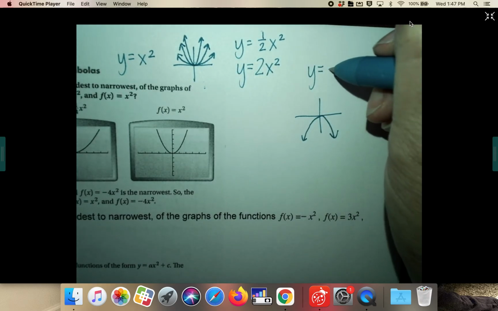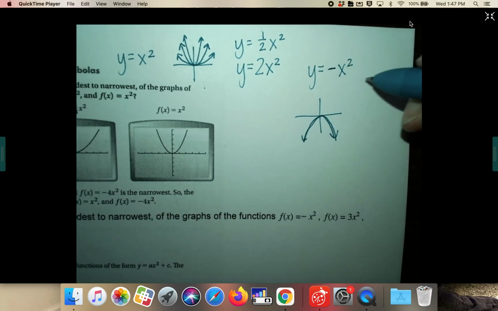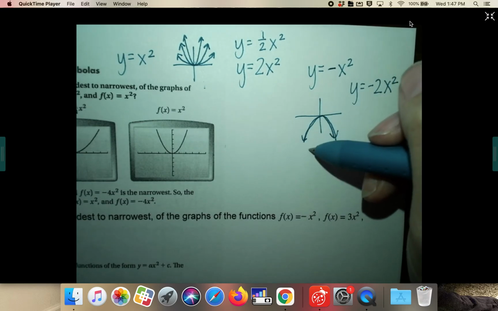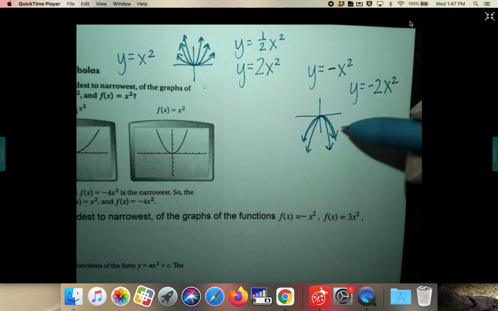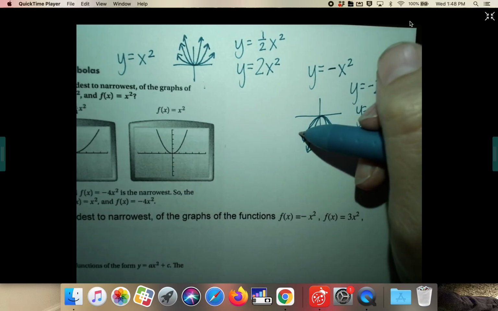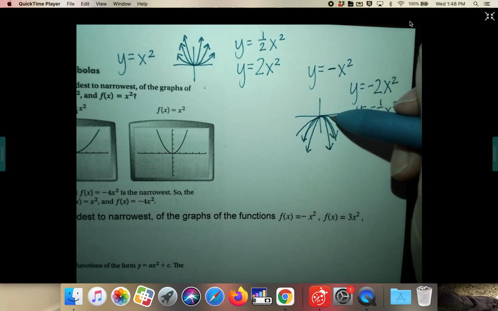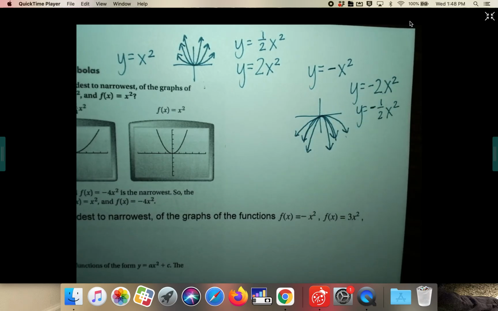So anytime you see a negative a term, it's going to be opening down. So let's say I had negative 2x squared. It's going to open down and be stretched a little skinnier, a little tighter. And the same thing if I had a negative half x squared, it's going to be a little more squashed, a little more flat. But it is still opening down because it's negative.